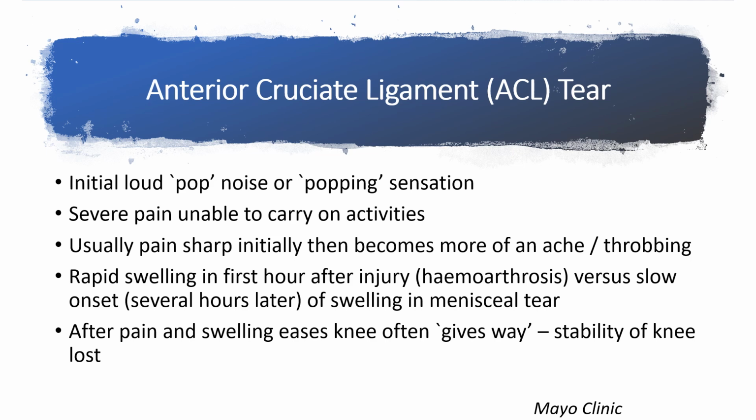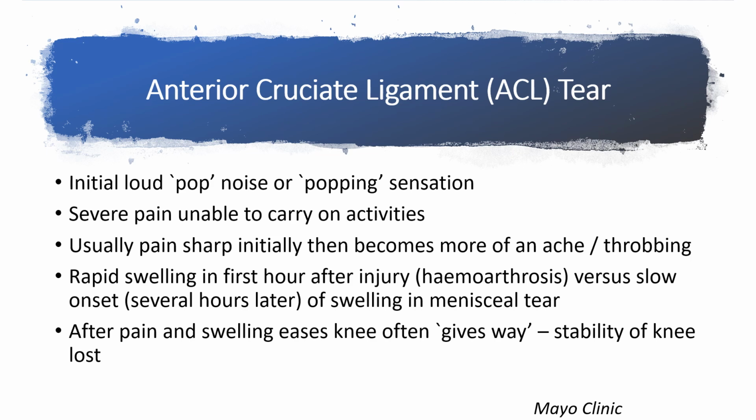Pain is often quickly associated with swelling. In the first hour after the injury, you get blood, hemarthrosis, into this joint. So remember that a knee joint is avascular, it has no blood vessels in it, but a tear can then bring bleeding into the joint, particularly from the anterior cruciate ligament.